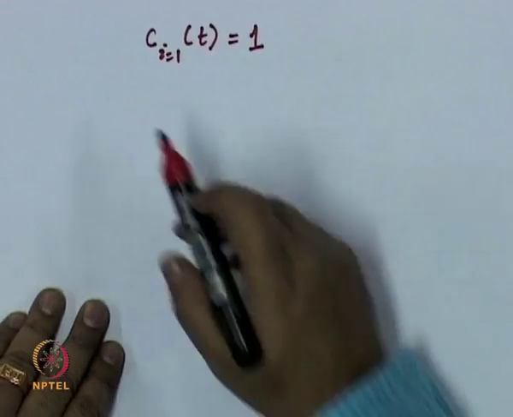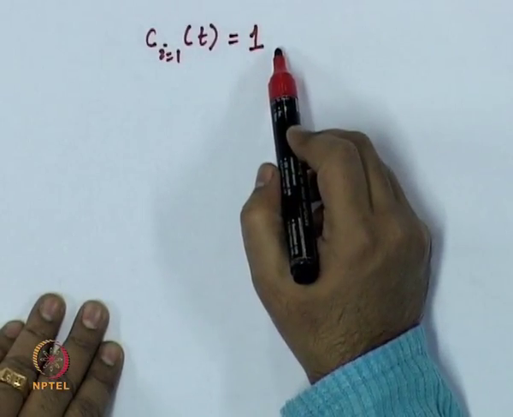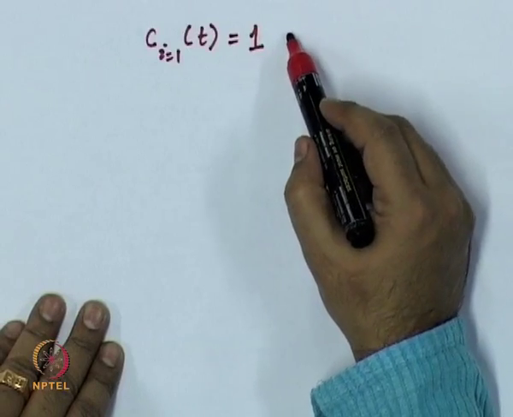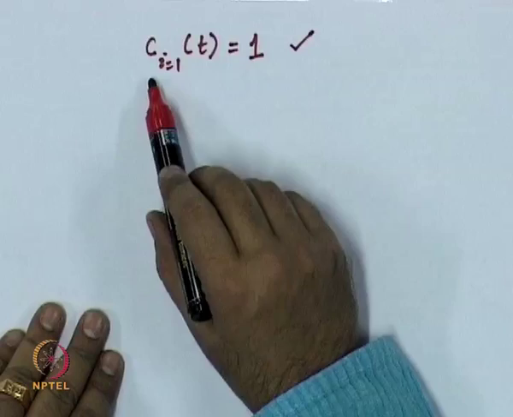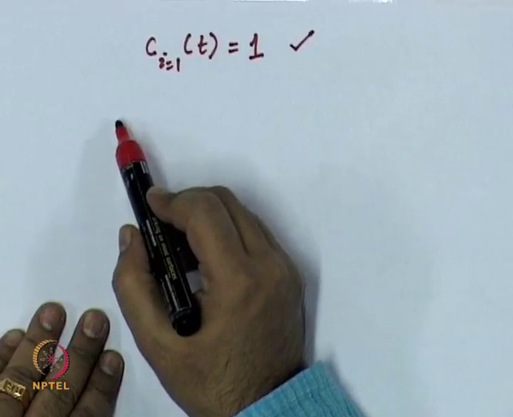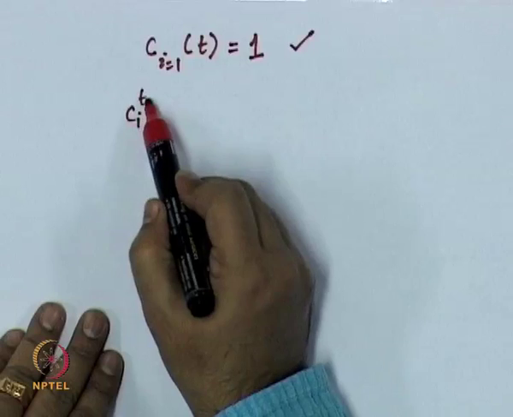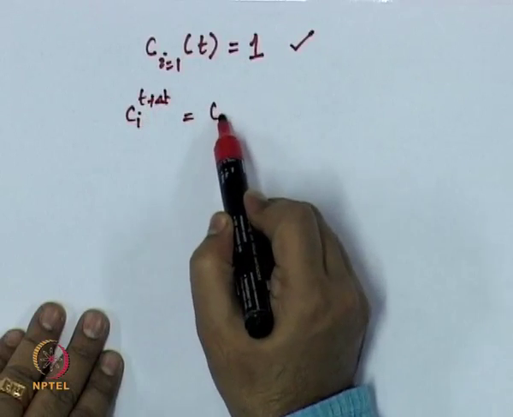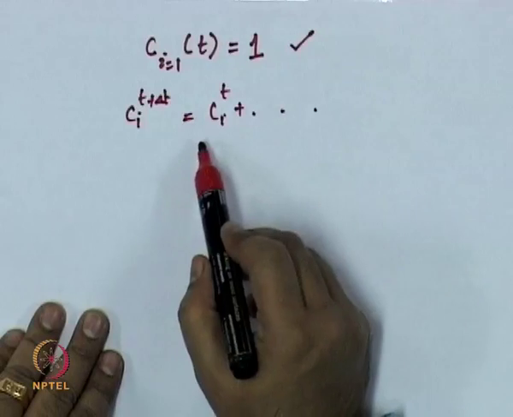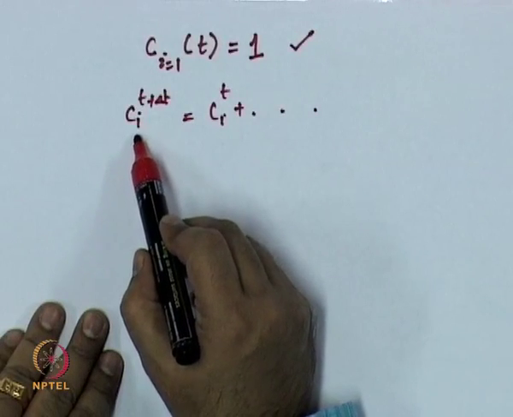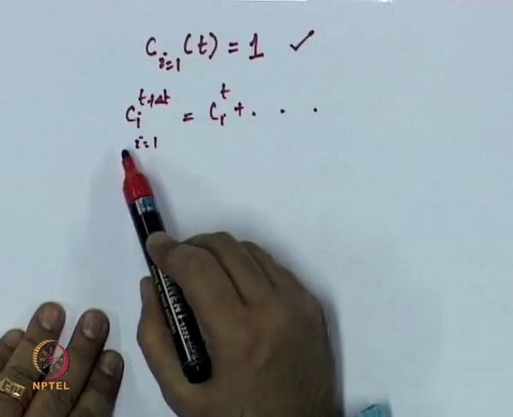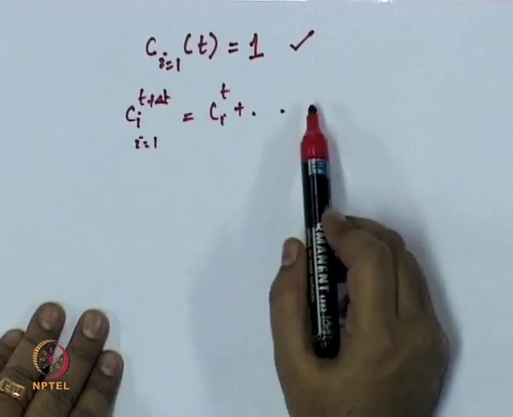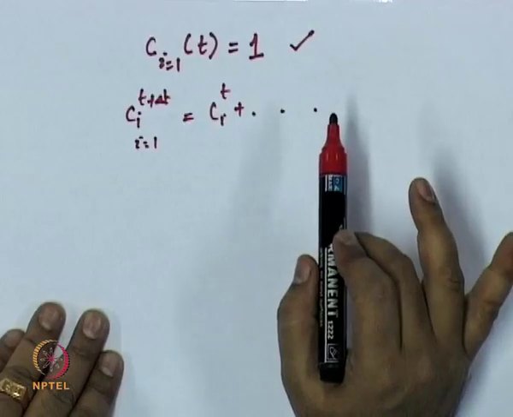That means this is not changing with time. So, I do not need to solve for this equation at all. When I have this expression which says C i, t plus delta t is equal to C i, t plus something, I do not need to consider the case i equal to 1, because at i equal to 1 nothing is happening. So, it always remains at 1.